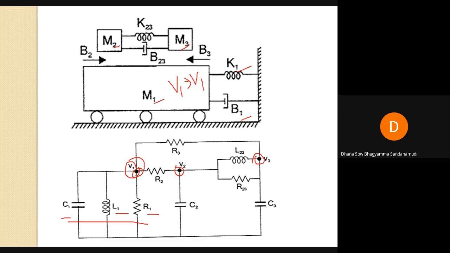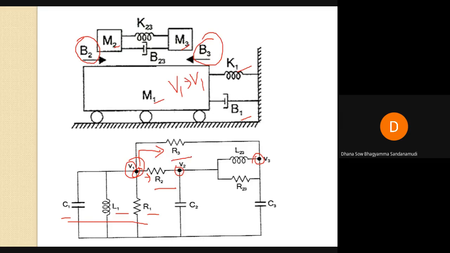Now let us see B3 and B2. B3 is 1 by R3, and B2 is 1 by R2. So through this node, one element should be R2, and through the same node, another element should be R3.